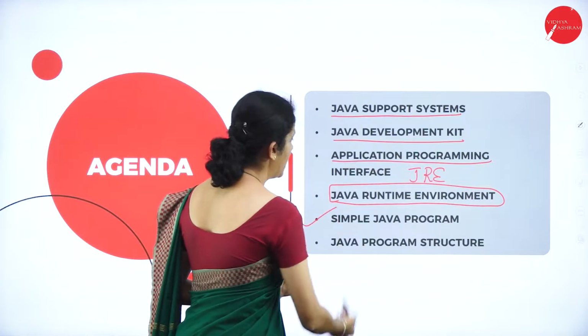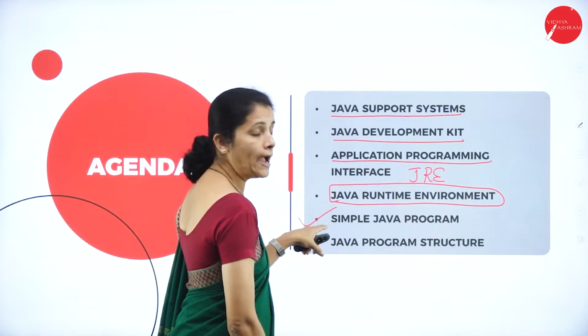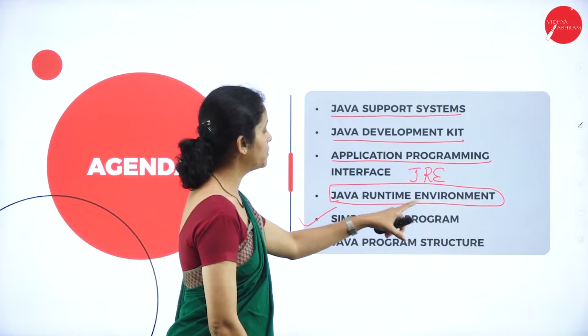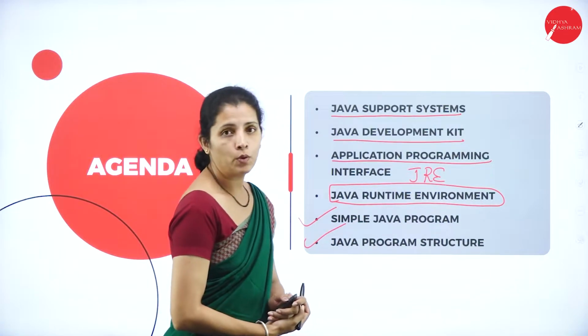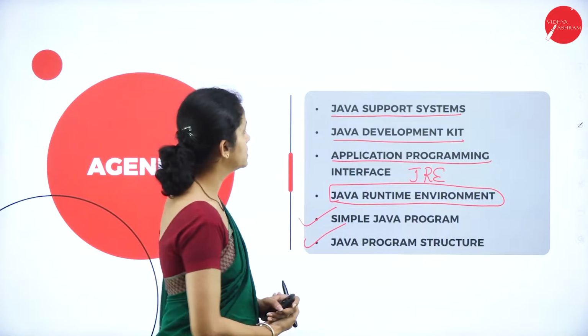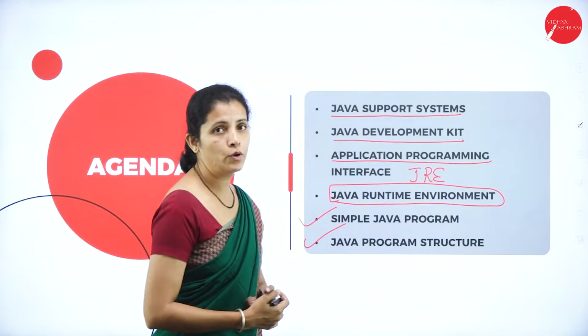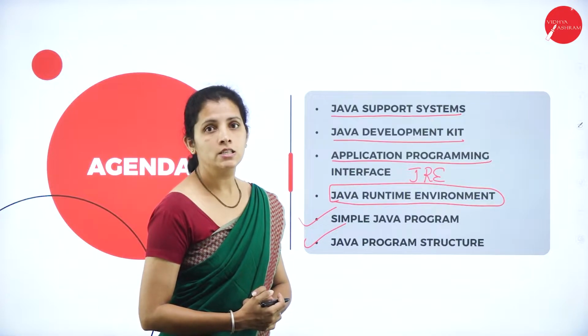Along with that, I'm going to write simple Java programs and deal with the Java program structure. So these are the topics I'm going to deal with in my today's session.